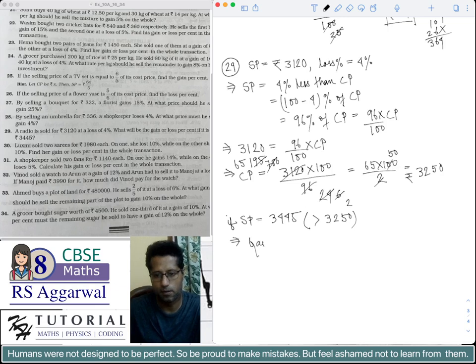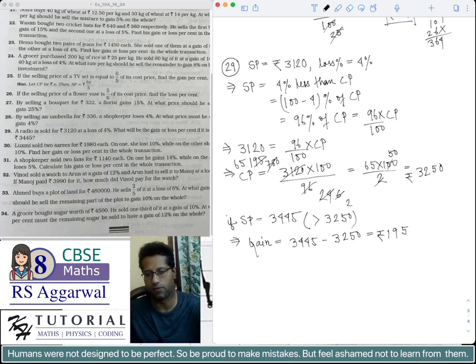Gain will be equal to 3445 minus the cost price, which is 3250, which is equal to 195. Rupees 195 is the gain. If the selling price is rupees 3445, the gain is rupees 195.